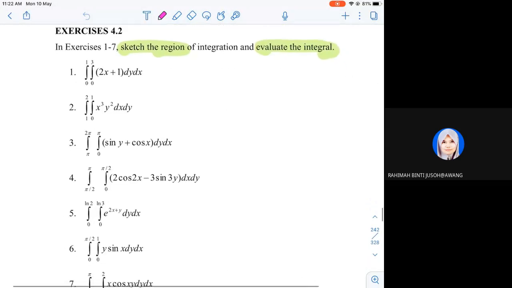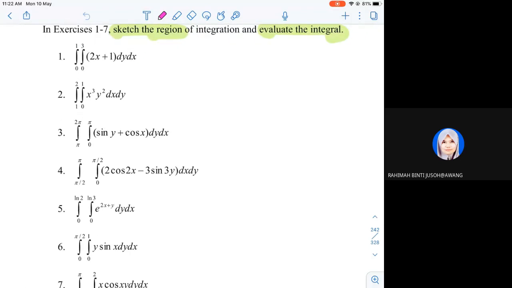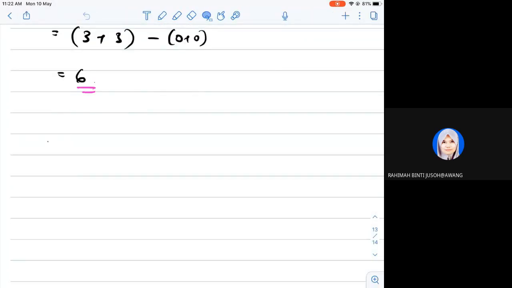Okay. Now let us go to question number 4. Kita ambil yang mencabar sikit lah. Tadi polinomial biasa. Question number 4.